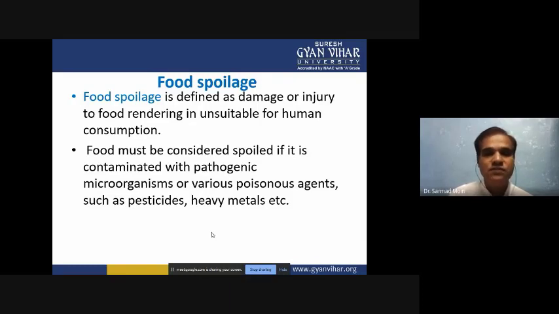If the food is not in the natural condition in which we gathered it from the farmers, the growers, or any shop producing food, if it is not in good condition, if microbes have attacked it or fungi are spoiling it, then that food is spoiled. It means the food is not suitable for consumption. If we consume it, we will be in big trouble.